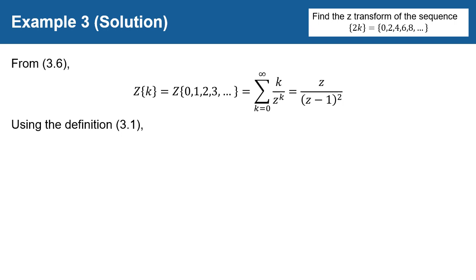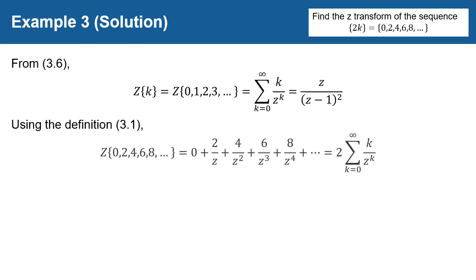Using the definition from equation 3.1, the z transform of our sequence is 0 plus 2 over z plus 4 over z squared plus 6 over z cubed plus 8 over z to the fourth, and so on. That is equal to 2 times the sum from k equals 0 to infinity of k over z^k. So the z transform of 2k is equal to 2 times the z transform of k, which is equal to 2z over the square of z minus 1.